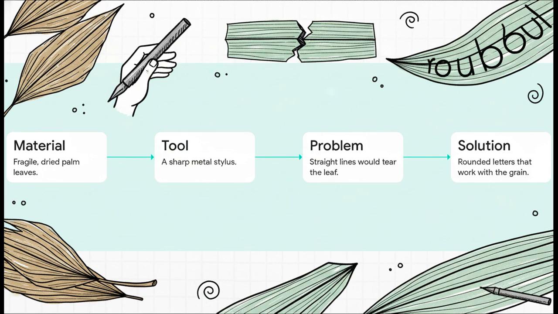Now, these things are fibrous and super fragile. If you took a sharp stylus and tried to scratch a straight line across a palm leaf, you'd just split the leaf right down its grain. It would tear instantly. So ancient scribes came up with this genius workaround. They used curves. Rounded letters moved with the fibers of the leaf, which kept it from splitting. It's just an incredible feat of adapting to your materials.